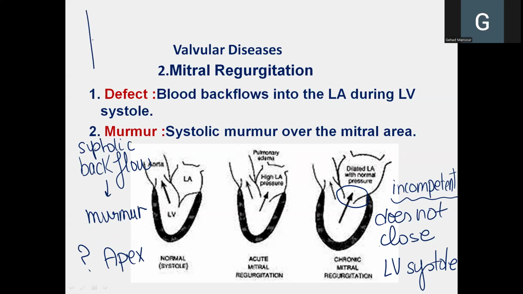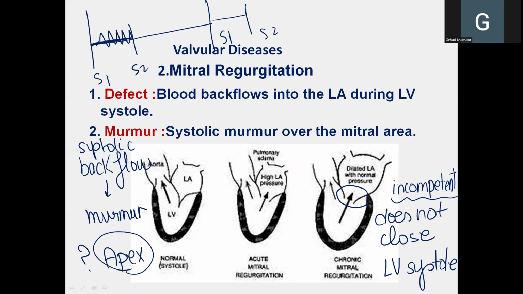So in mitral regurgitation, if this is S1, S2, and then another S1 and another S2, systolic means between S1 and S2, as we said before. So the murmur is a systolic murmur, best heard over the mitral area.